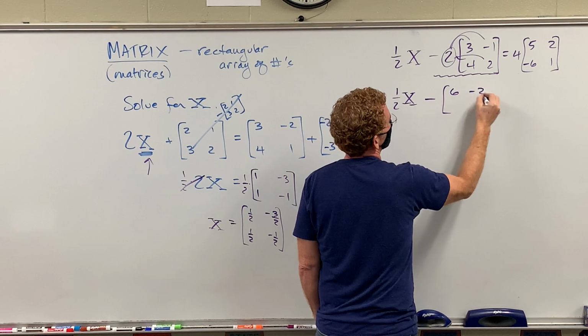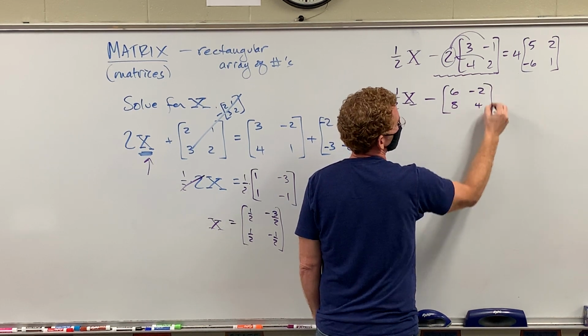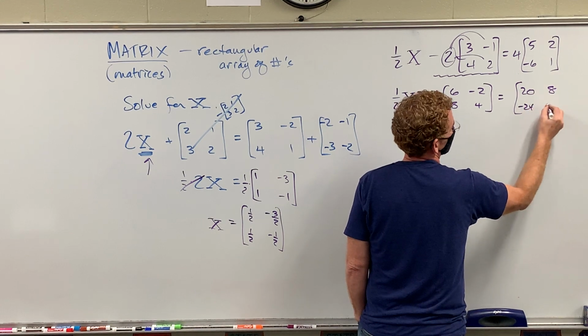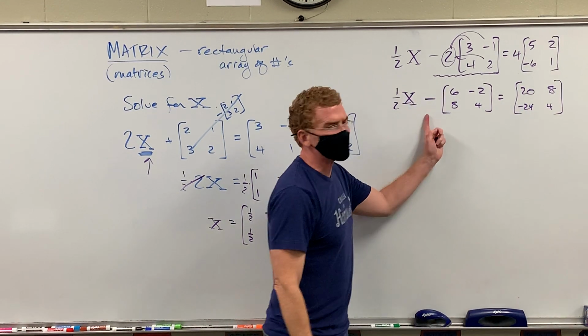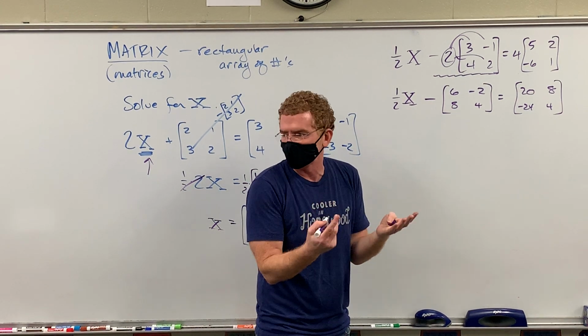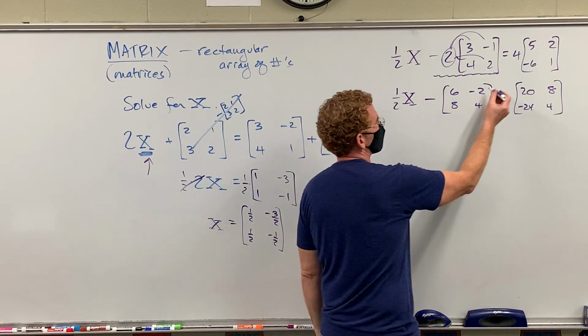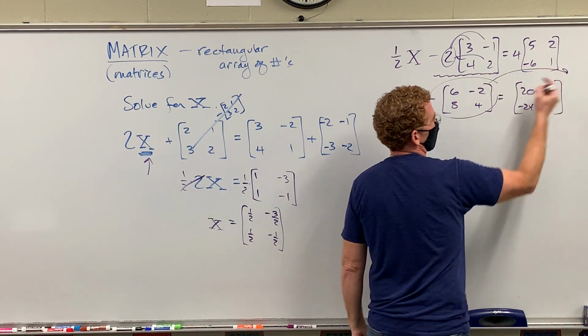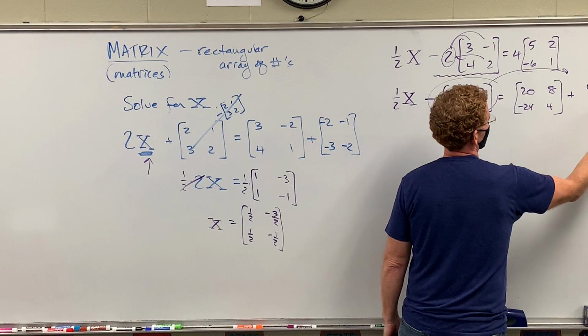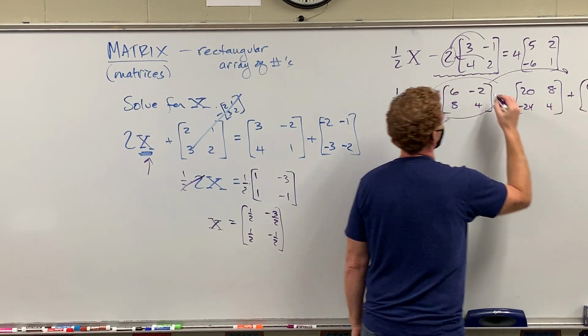Then you get 6, negative 2, 8, 4. Over here you get 20, 8, negative 24, 4. If I do that and leave it negative here, then when I add it to the other side, I won't have that negative bothering me, will I? So I'm going to move all of this over, or add it to both sides. And that way I don't have a negative and it's nice and clean, ready to go.